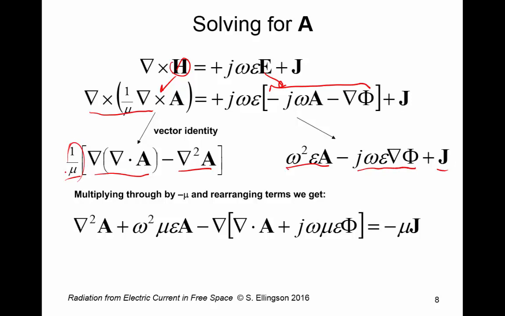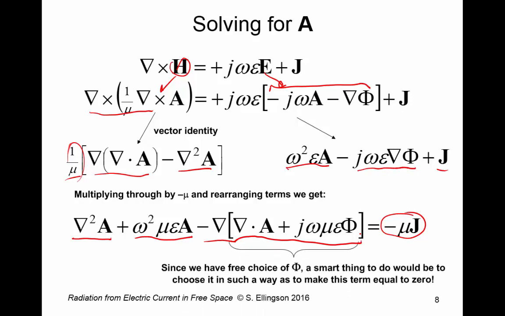And we rearrange terms so that everything except for minus j mu is on the left. So when we do that, we get the Laplacian of A plus omega squared mu epsilon A minus the gradient of this quantity here equals minus mu J.